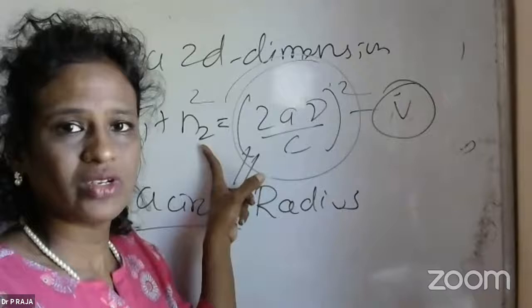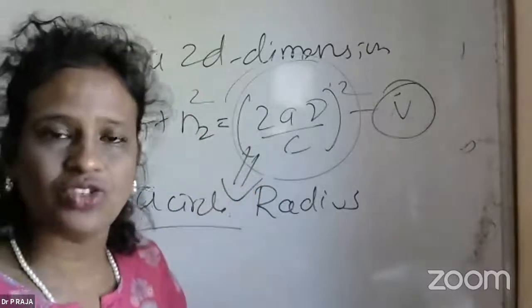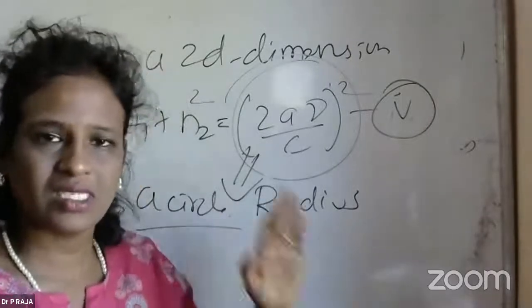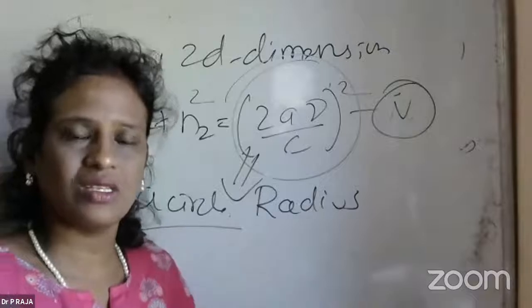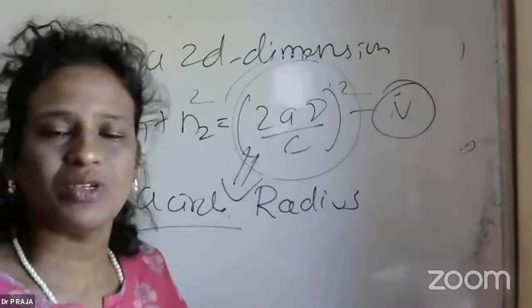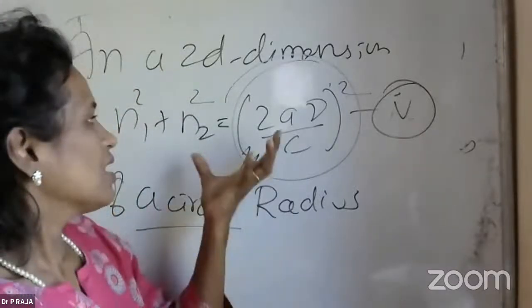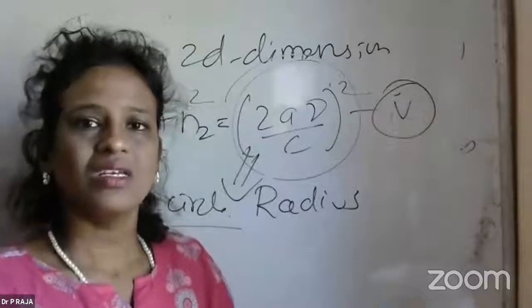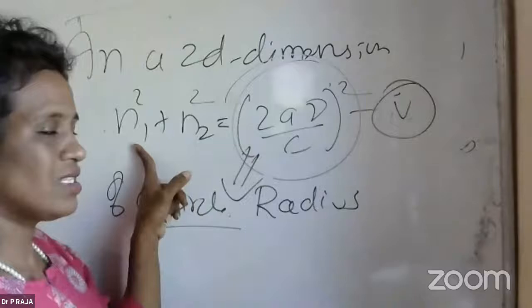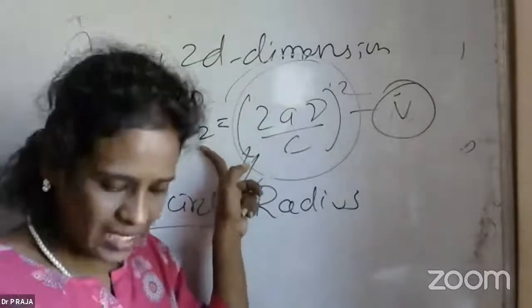I hope you are able to understand. Let me repeat. The equation that we derived as equation 4 is for three dimensions, with n1 representing the x-axis, n2 the y-axis, and n3 the z-axis. That was a sphere, considered in the previous case of Rayleigh and Jeans, an entire sphere. Now we are going to consider a circle in two dimensions with x and y axes alone, with the x-axis represented by n1 and the y-axis by n2.